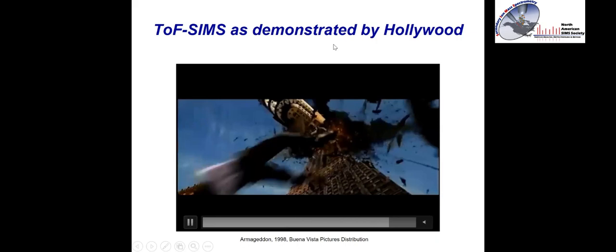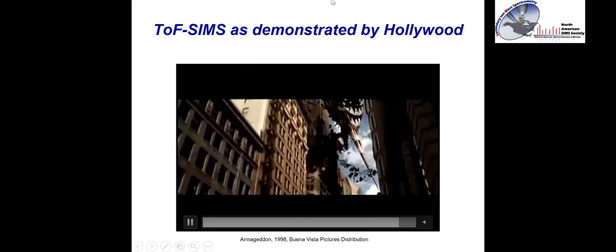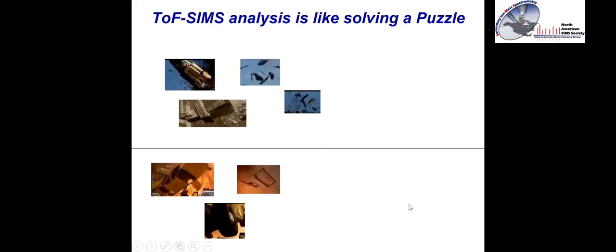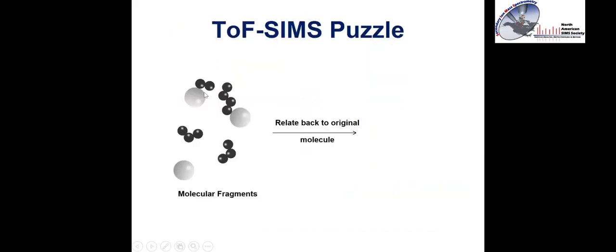For example, these ions came from the Chrysler Building, and these ions here came from the yellow cab. The SIMS process is very similar. We're getting fragments, in this case of molecules that are on the surface, and then we look at the fragments we get in the spectra and try to relate that back to the original molecule that was present before the impact. It really is kind of like solving a puzzle.